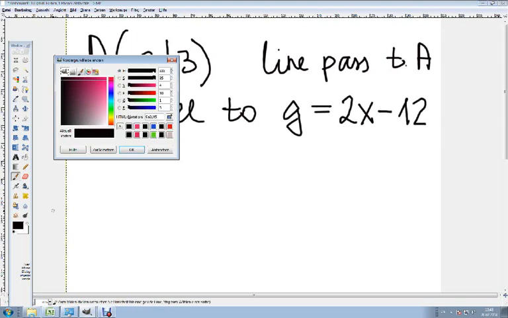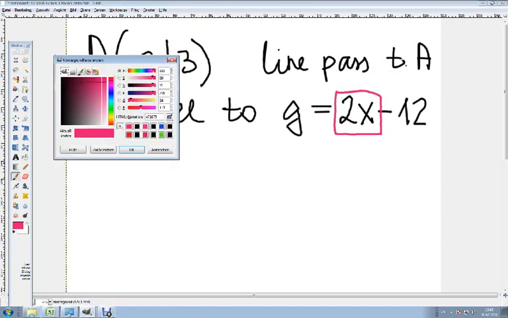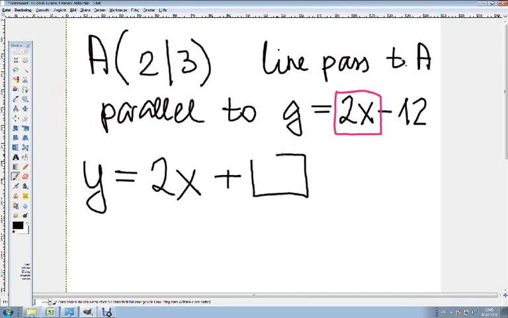I start my calculation with the idea that the lines are parallel, so I can already say that my previous line y equals also 2x plus or minus something I don't know yet. Here we have c, still unknown.